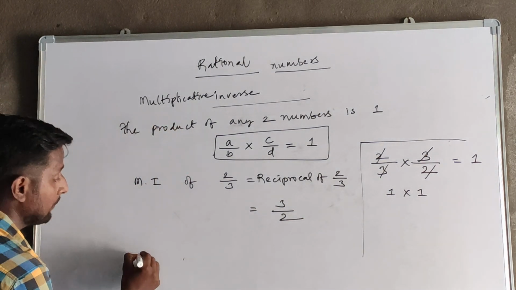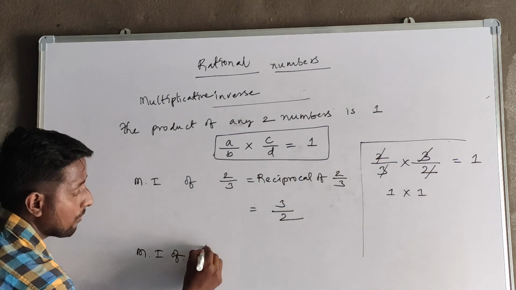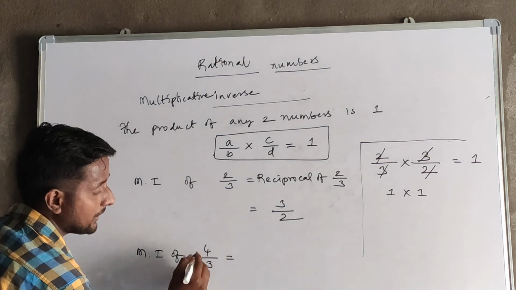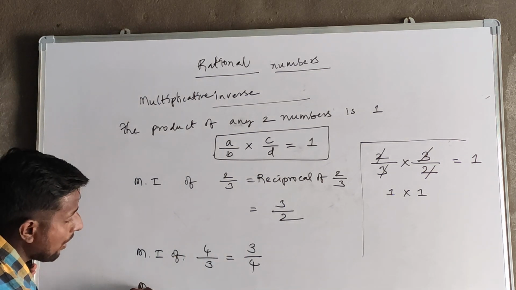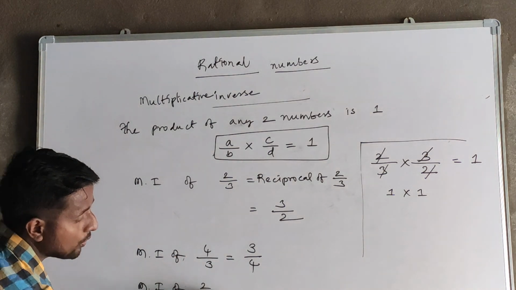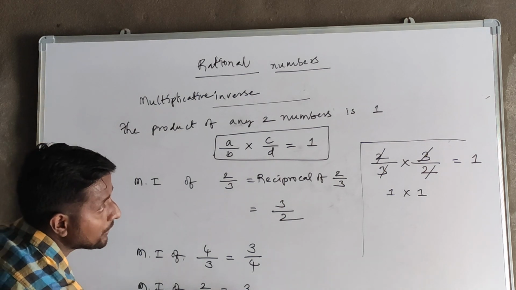Correct? Next, the multiplicative inverse of 4 by 3: the answer is 3 by 4, we make it reverse. Now the multiplicative inverse of 2 by 3, answer 3 by 2, just as we did.